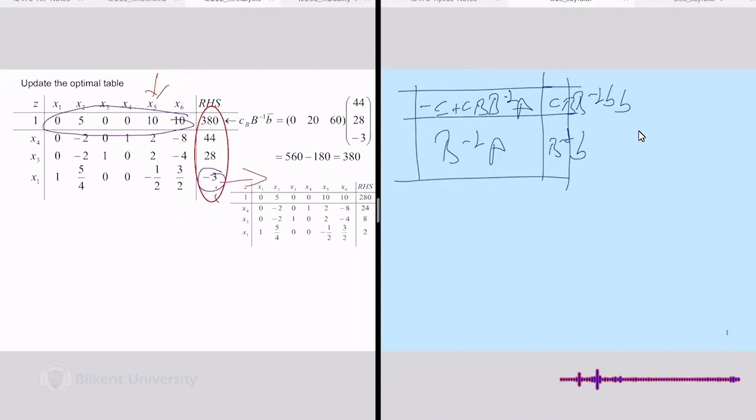And the entering variable for that will be determined by the ratio test of the rho 0 divided by the entry in here. The valid entries this time are the ones which are only negative, and among them, in absolute value, we're going to choose the smallest entry, right? Now, there is only one negative entry, so there is only one valid entry this time, which means x5. So x5 is entering, and x1 is leaving.